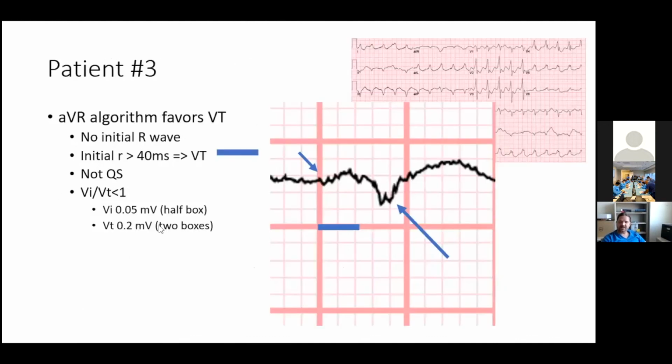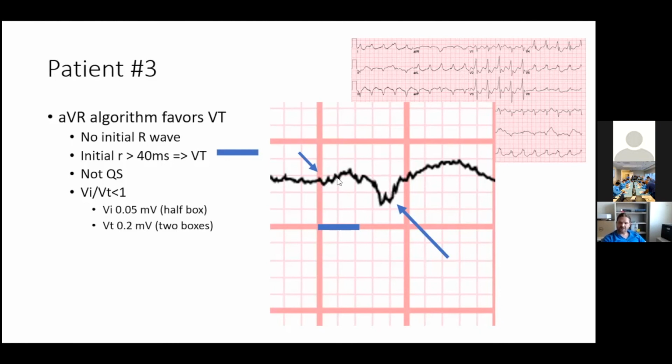And again, our patient number 3, same person, we're looking at AVR only. There's no initial tall R wave, but there is a little R initially that is well over 40 milliseconds, which is going to favor VT. It's not a QS morphology, but just to give the example of the Vi/Vt, we're looking at the initial portions of the QRS here in the first 40 milliseconds.